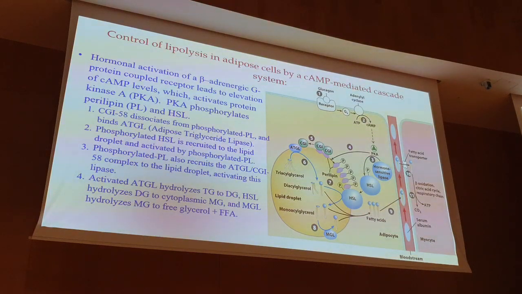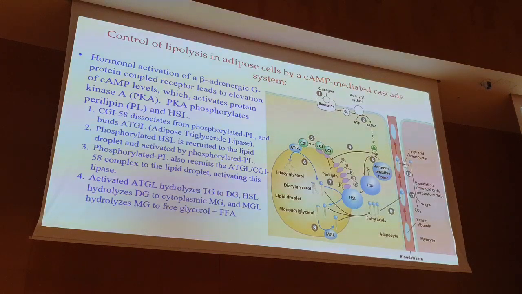PKA will put a phosphate on it, but at the same time, PKA is putting a phosphate on a protein called perilipin. That will activate a protein called CGI, which will activate ATGL, or adipose triglyceride lipase. So by phosphorylating hormone-sensitive lipase and perilipin, you are now going to activate ATGL as well.